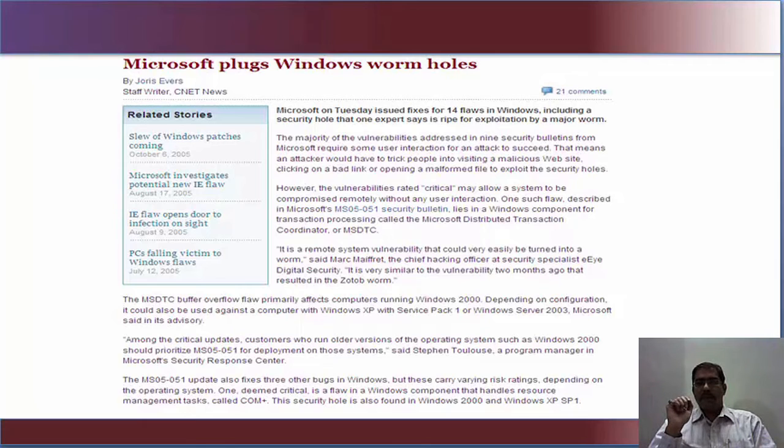Now, in this particular instance, because of a security hole, an expert found that a worm could attack or exploit that vulnerability. And Microsoft released security patches for that particular vulnerability. So it is a constant process. A vulnerability will be found in a product or service.